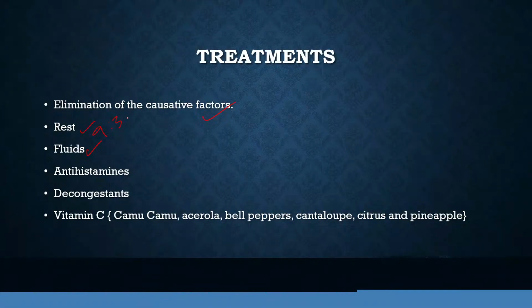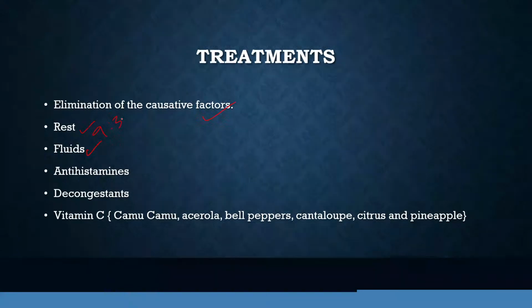Antihistamines. The antihistamine is a class of drug that is used for what we know as allergies. An example of a medication in that drug class is cetirizine.